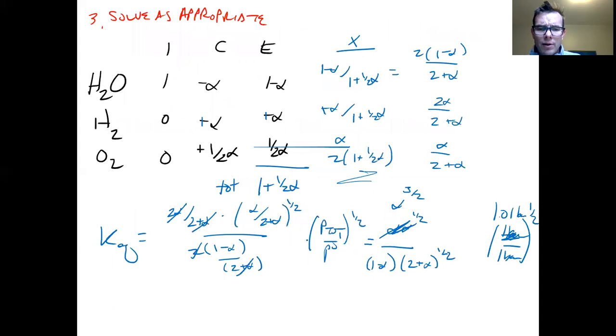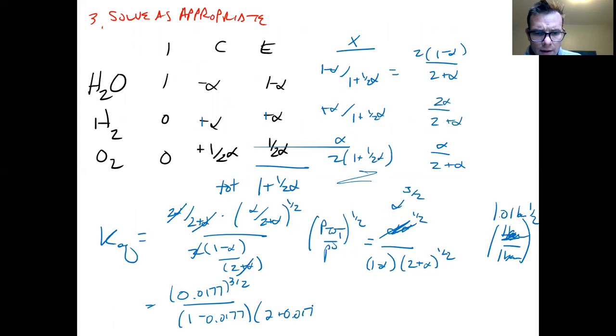So I can take that number and plug it in. 0.0177 to the 3/2 divided by 1 minus 0.0177 times 2 plus 0.0177 to the 1/2. Again, I made a mistake before, so bear with me.